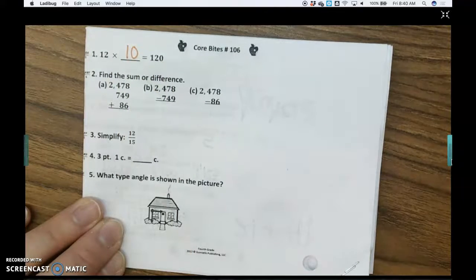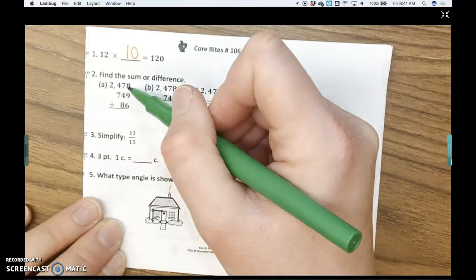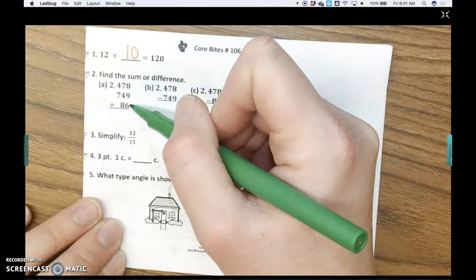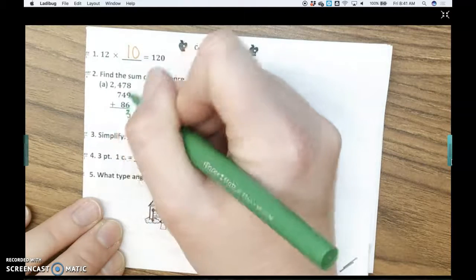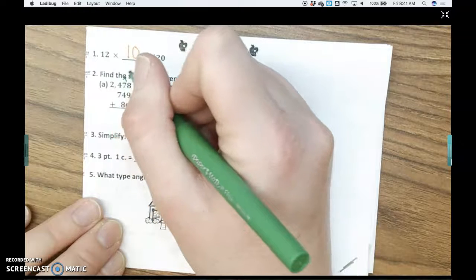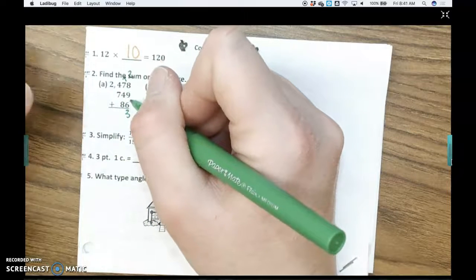For the next one, you're going to have to either find the sum or the difference. So that means you're going to add for the sum or subtract for the difference. So for the first one, 9 and 8, that would give you 17 plus 6, that would give you 23. Regroup. 7, 8, 9, 10, 11, 12, 13.